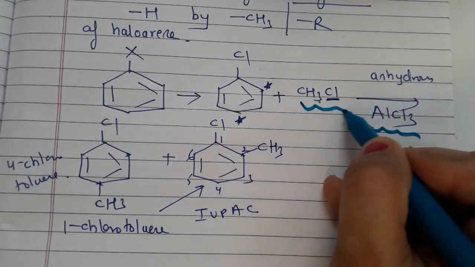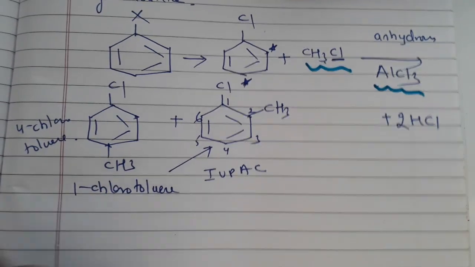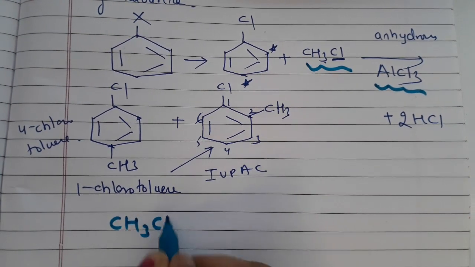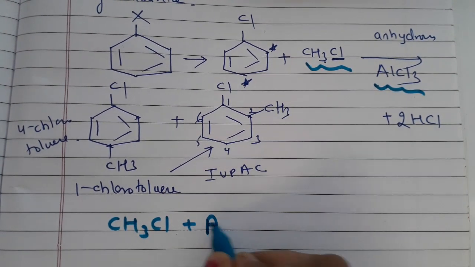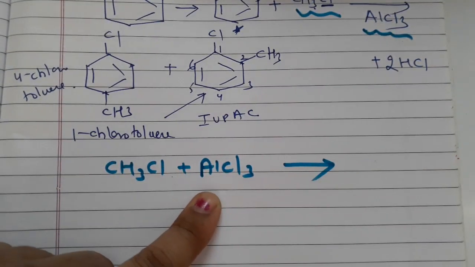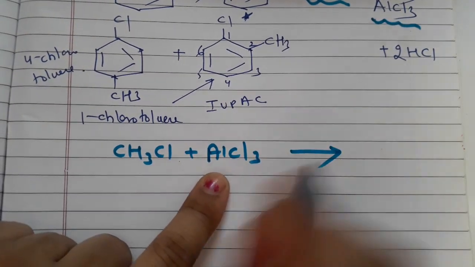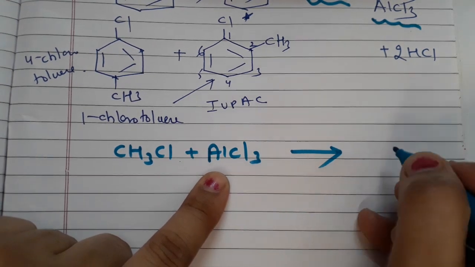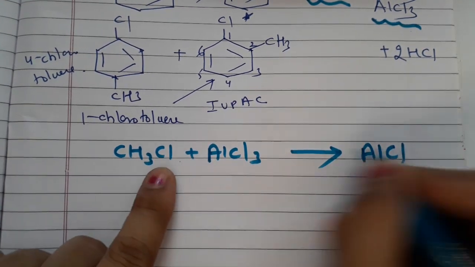That we have to study now. So I write here CH3Cl plus AlCl3. AlCl3 is again an example of an electrophile, or we can say it is an incomplete octet compound. So it will combine with the Cl.